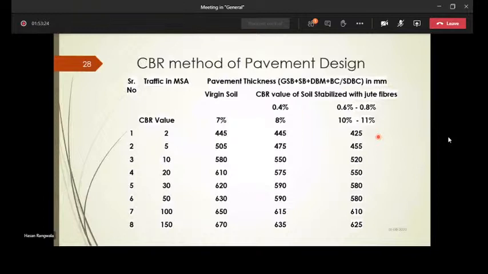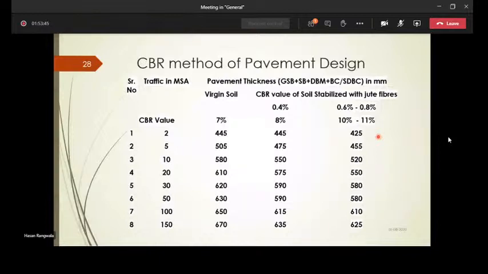But I got a higher CBR value for the stone dust. My sieve analysis was the same in both cases, but quarry dust gave me a higher CBR value.